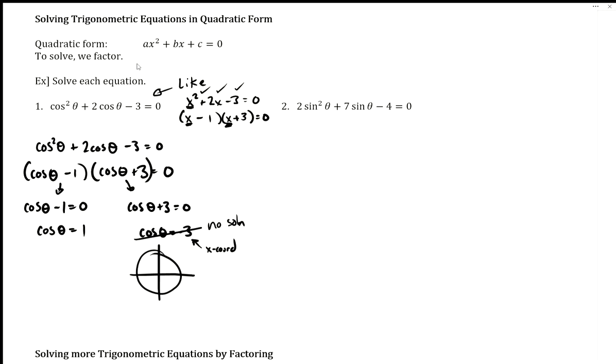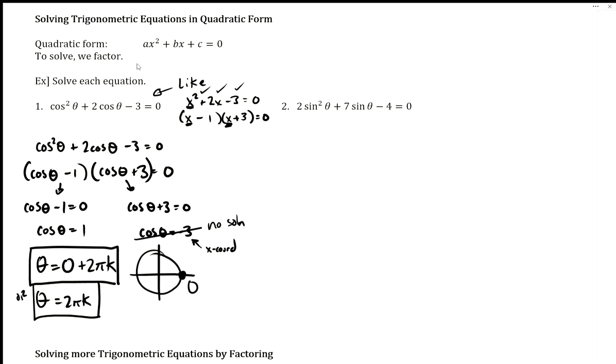However, cosine of theta equaling 1, well, I'm looking for the x-coordinate of 1. It's right there in my big old dot that I drew, and then, well, the angle for it is 0. So that is theta is equal to 0, and then, like usual, they want all solutions, so we would do plus 2 pi k. Or they might just say your answer is 2 pi k. Okay, because you don't need to show 0 plus, but I kind of like to.